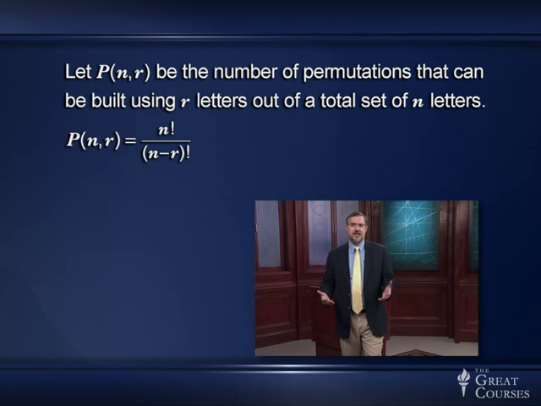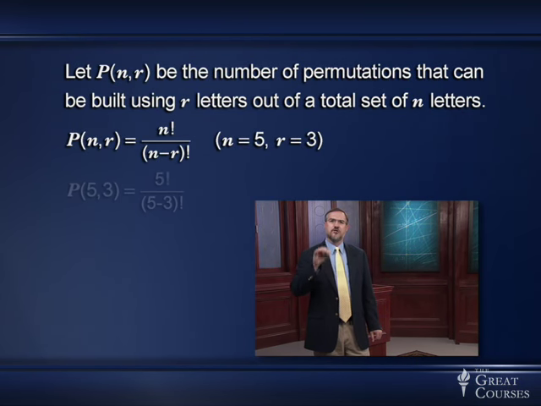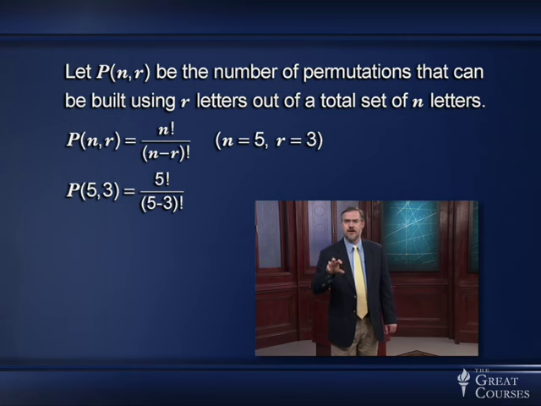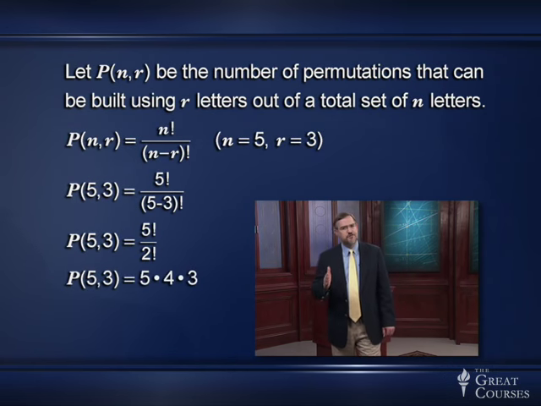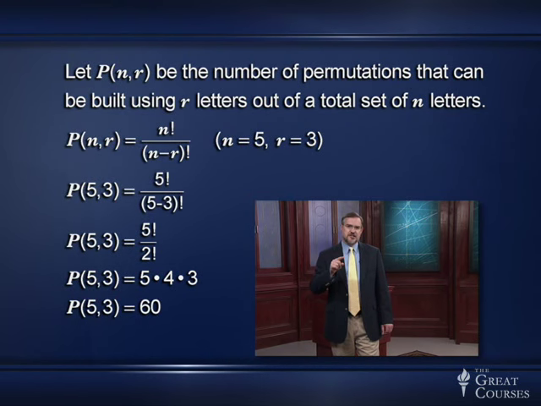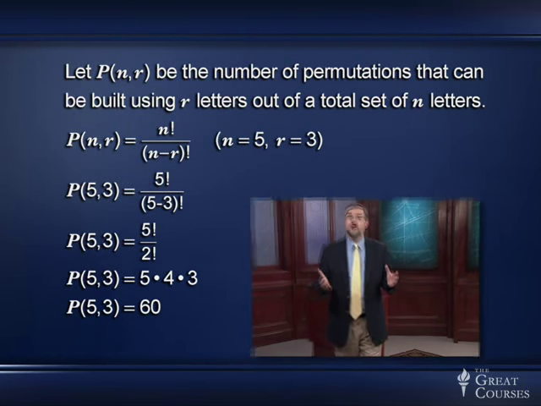So in this previous example, n was 5 and r was 3. So what we just calculated was P of 5 comma 3, which is 5 factorial over 5 minus 3 factorial, or 5 factorial over 2 factorial, which is 5 times 4 times 3, which is 60.